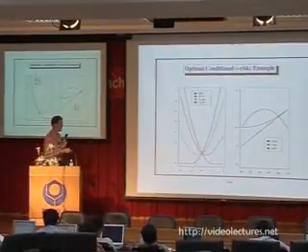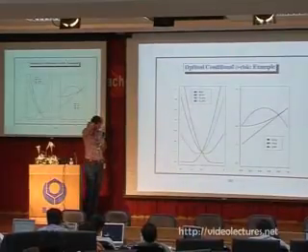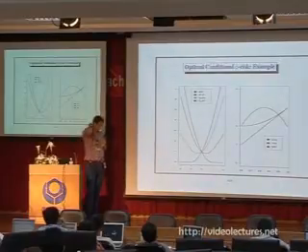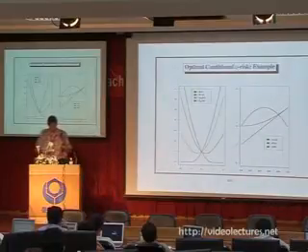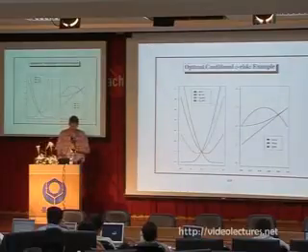Okay, and in this case, for the quadratic guy, the optimal value is just some simple linear function of the conditional probability. It's easy to verify that.